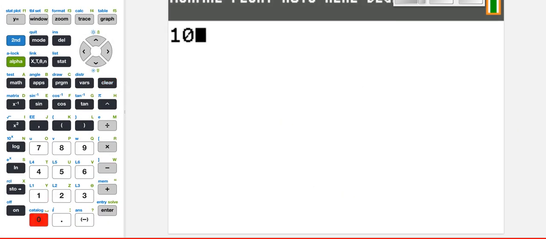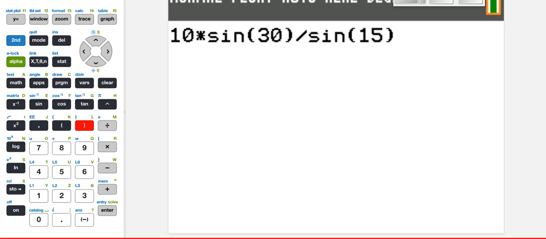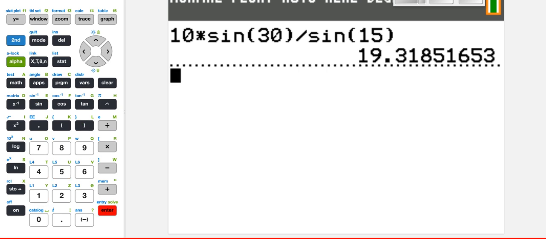So 10 times sine 30 divided by, oops, let's do this again. 10 times sine 30 divided by sine 15, close bracket, enter.